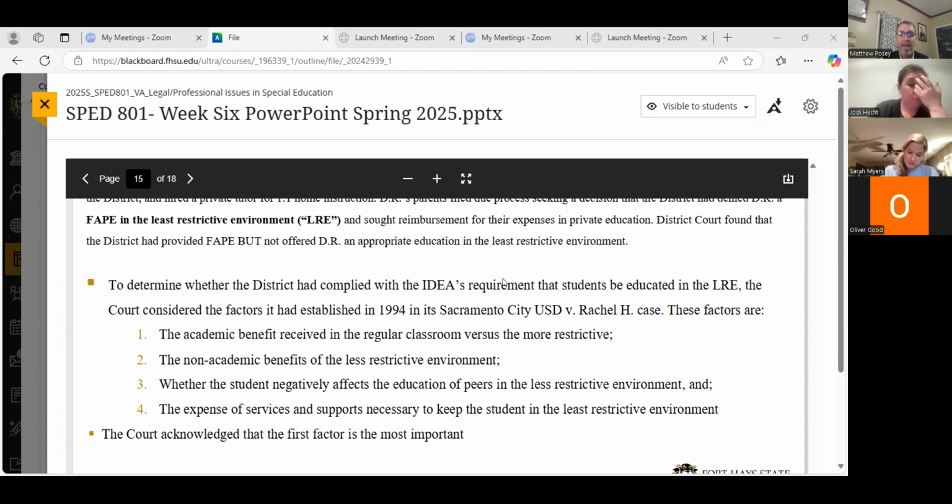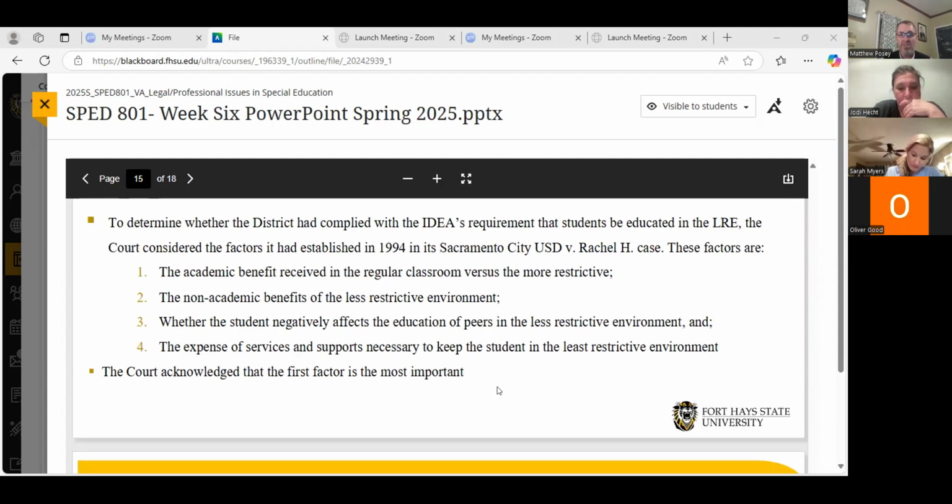The factors are: academic benefit received in regular ed versus the more restrictive setting; second, non-academic benefits of the least restrictive environment; third, whether the student negatively affects the education of peers in the least restrictive environment; and also the expenses, services, and supports necessary to keep the student in the least restrictive environment.